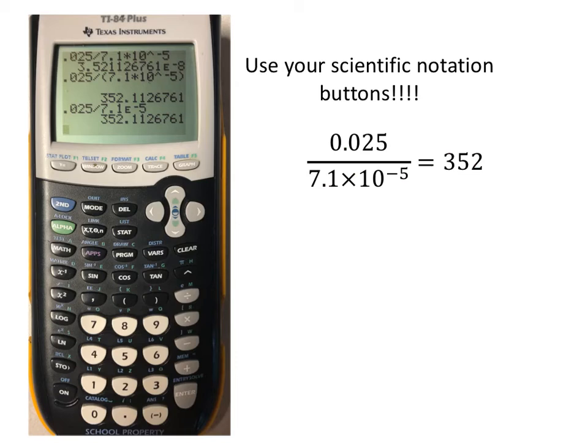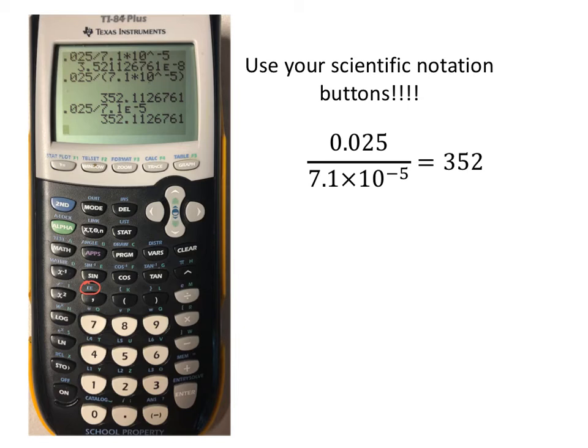All right, so I know a lot of people have these Texas Instruments graphing calculators. If you have that type of calculator, this is your scientific notation button. It's the EE above the comma there.